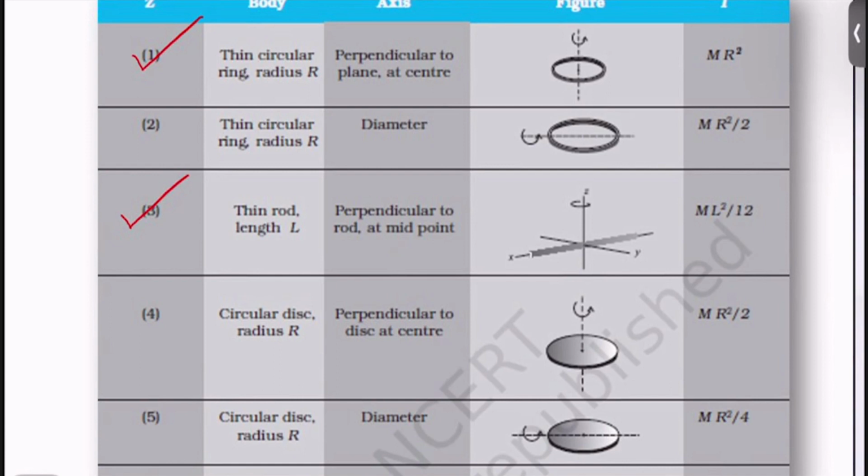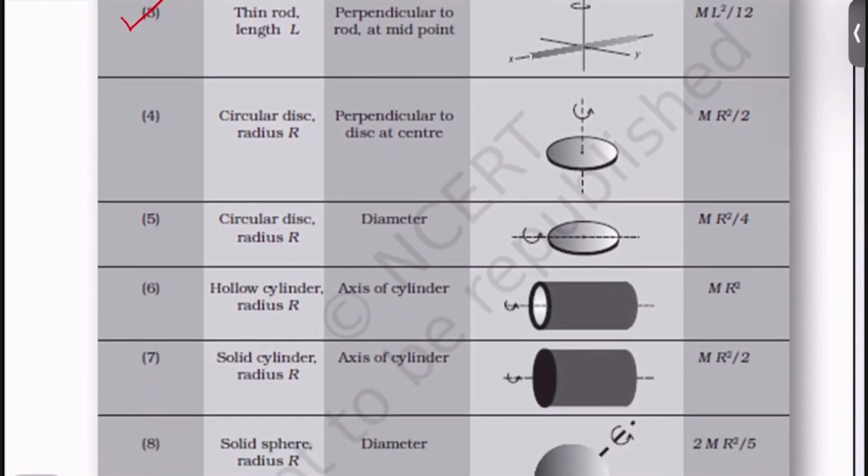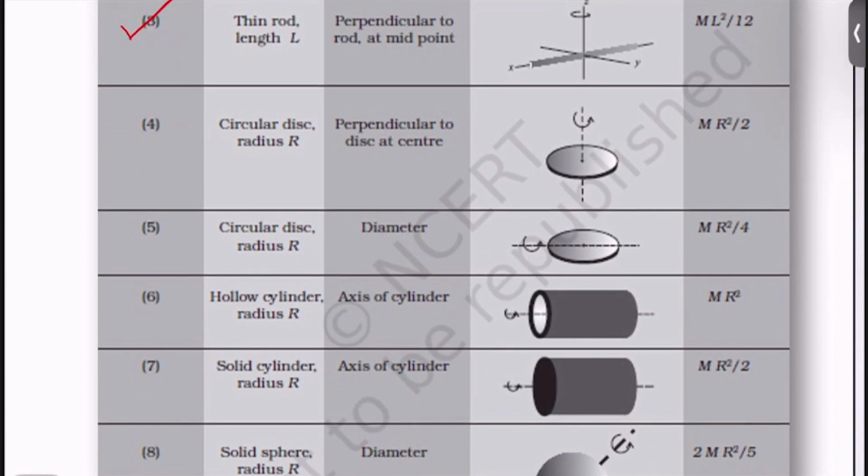Then the next is a hollow cylinder. We understood how the hollow cylinder can be understood from the derivation of the circular ring, so it's mr square. Then next is your solid cylinder of radius r. We understood this also. The h value is omitted, so we can directly write the moment of inertia of a solid cylinder also as mr square by 2.